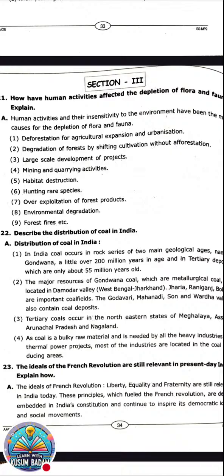Hunting rare species. Sometimes rare species are being hunted, like the rhinoceros is hunted for its horn, which has some chemicals.